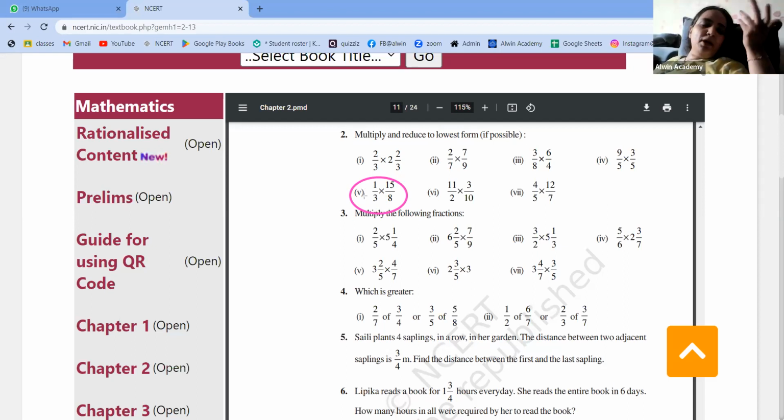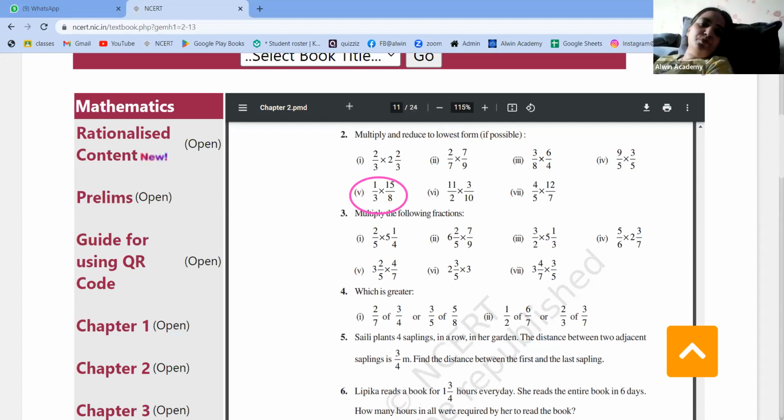But then what are you people doing? Where are you people lost? Why don't you listen to the instructions properly? Do this fifth part quickly. I need to move on. Ma'am, I already did it.